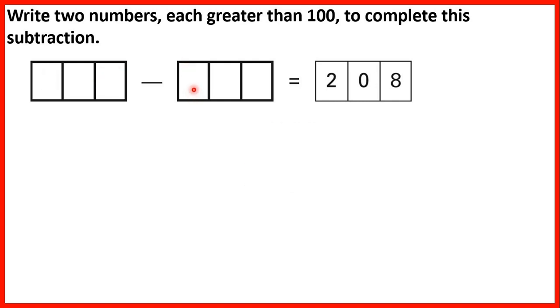So for example, we could use 200 for this number here, because that's still greater than 100, and then that means that this number would be 408, because 208 plus 200 is 408, which means that 408 minus 200 is 208.